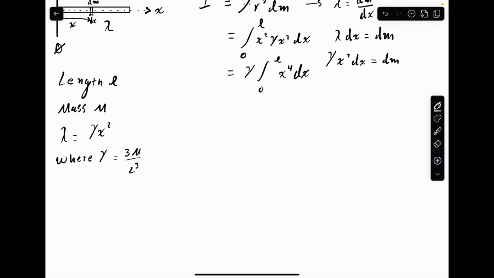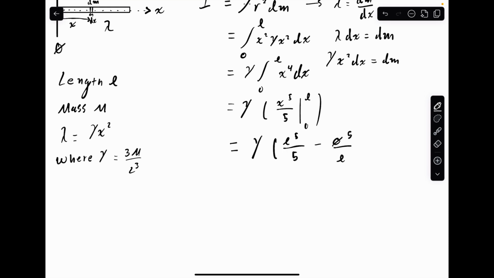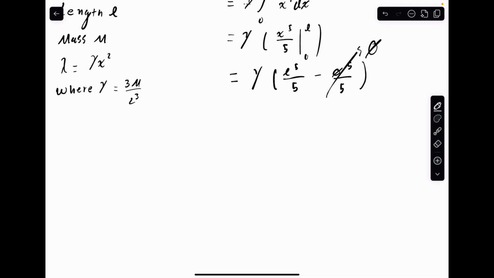Now I'll finish this integral by computing it. This becomes x to the fifth over 5 from the bounds 0 to L. If you can see what's going to happen, that's very good, because we just do the same process: L to the fifth minus 0 to the fifth, divided by 5. This turns into 0 because 0 to the fifth divided by 5 is 0.